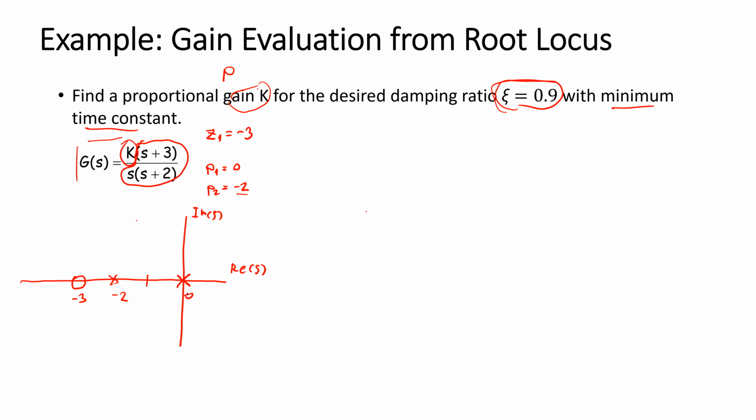When we see this, what's gonna happen? There are two poles. When the gain is equal to 0, the location of the root is exactly at the location of the pole. When we increase the gain, the locus will hit each other and then create the breakaway.